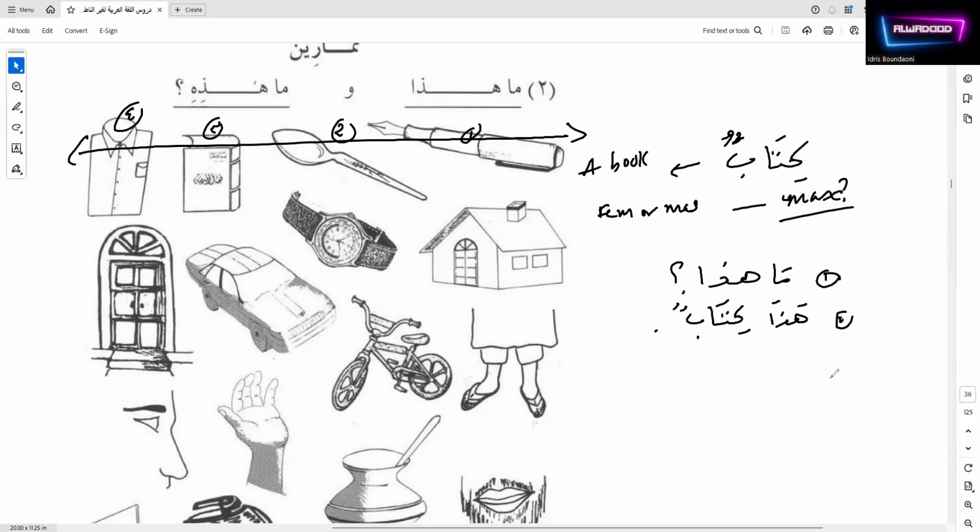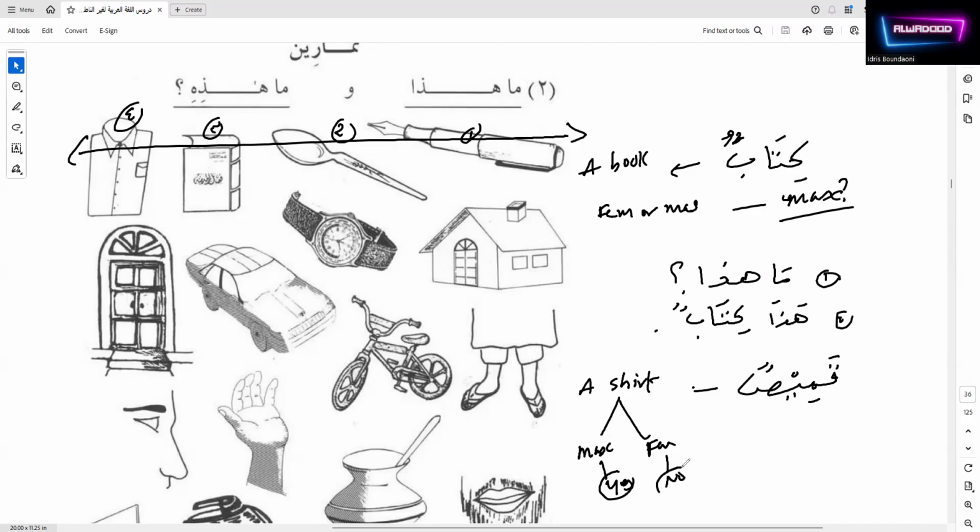Let me do the 4th one. What is that? In Arabic, they call it قميص. A shirt. We've encountered all these in the previous lessons, so you can go back and review. Now the question is, is it masculine or feminine? I would say masculine.